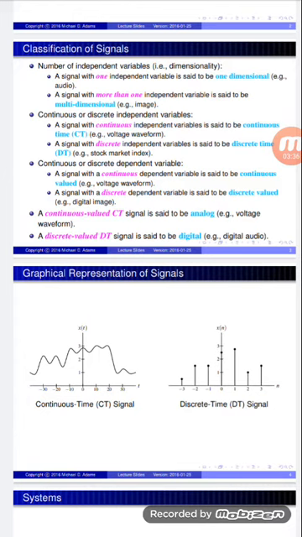These are the three types of signals which are used in signal communications or data communications.